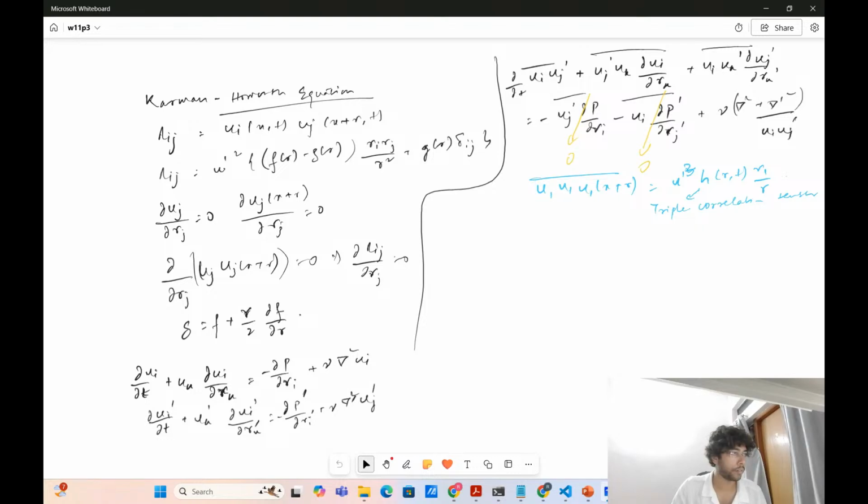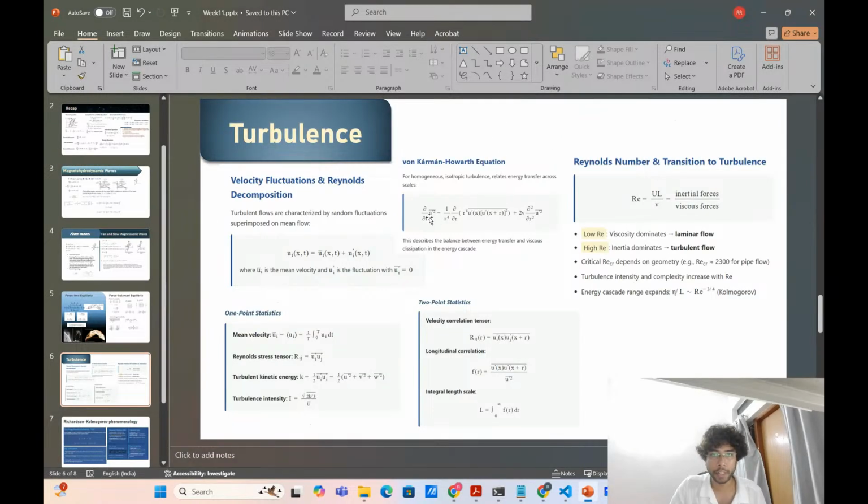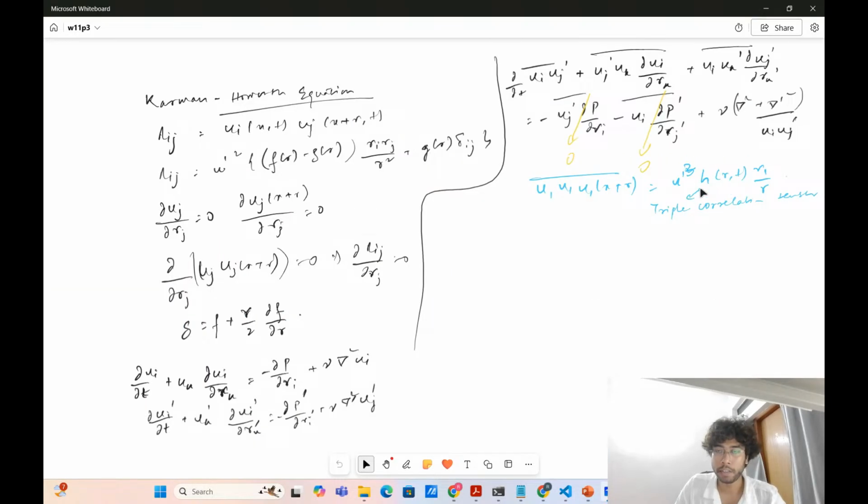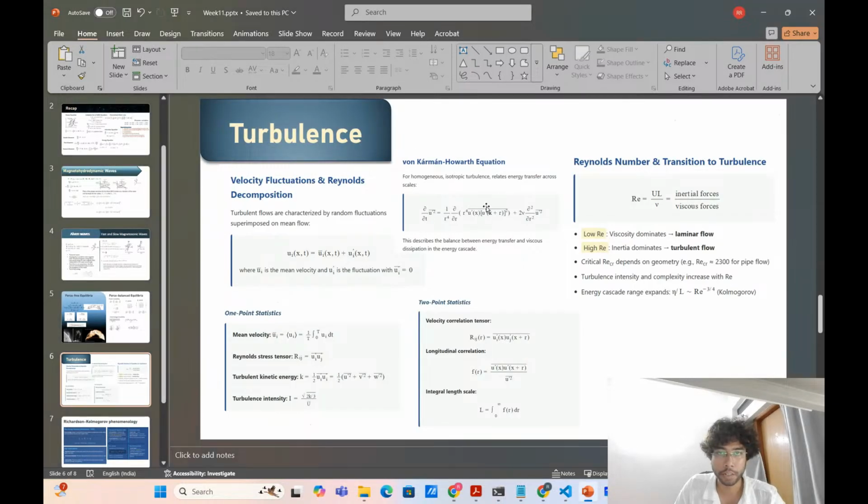As the derivative of these u's is zero, we can take this inside, so it will be something of the form del r of this triple product of u's. So at the end, the first term will come out to be del t of u prime square. The second term will be del r of some triple correlation.